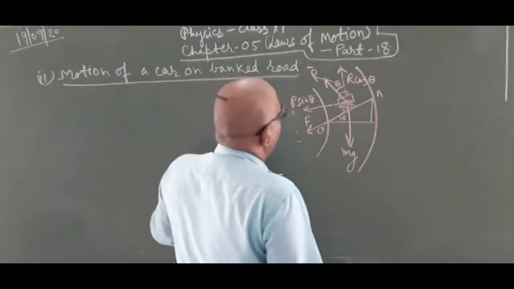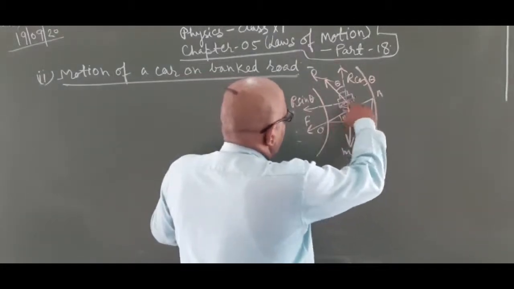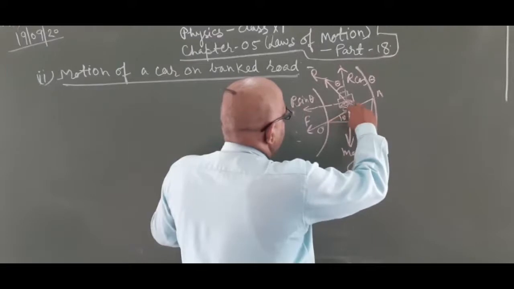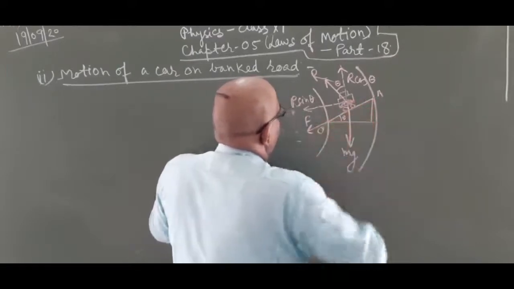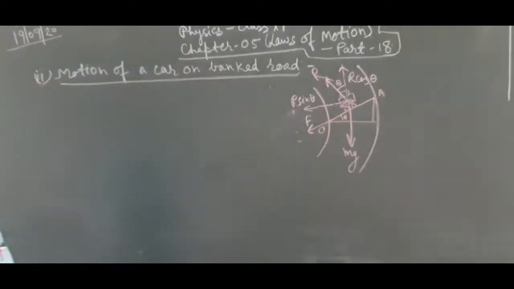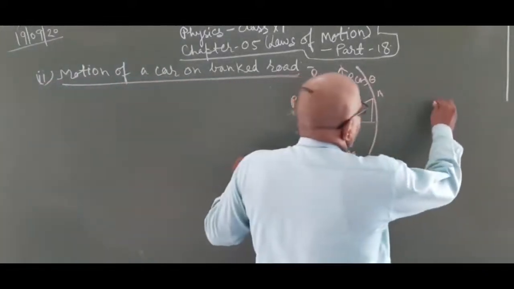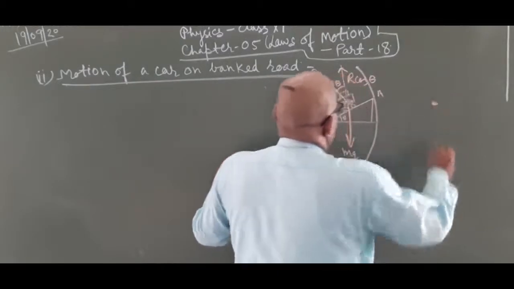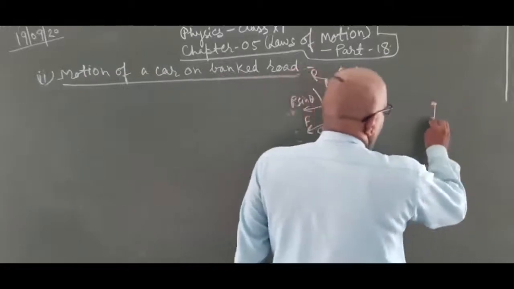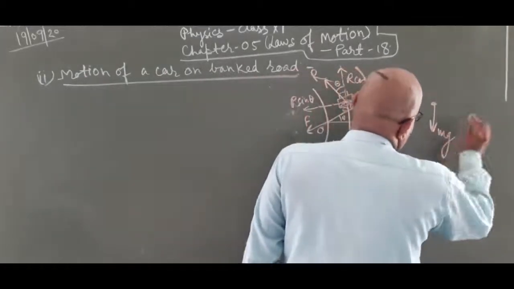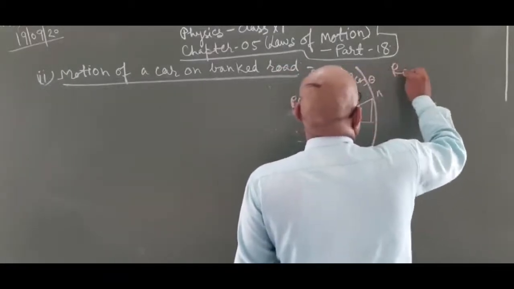Now look at here. These are the two parallel lines. On drawing the free body diagram for this, what will we obtain? Suppose this is the weight mg, and this is the normal reaction.